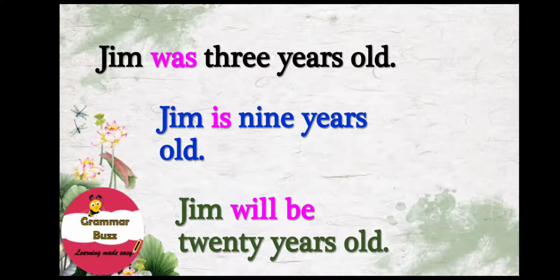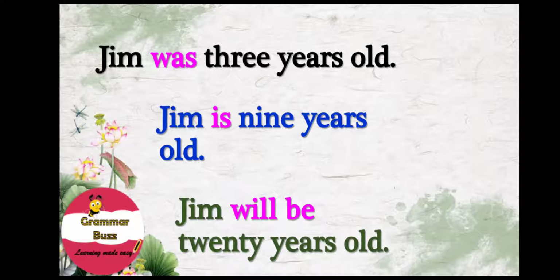But what is the difference in these three sentences? What is really changing in these sentences? What is it that is making a difference in the meaning of the sentences? Well, it is the change in the form of verbs.